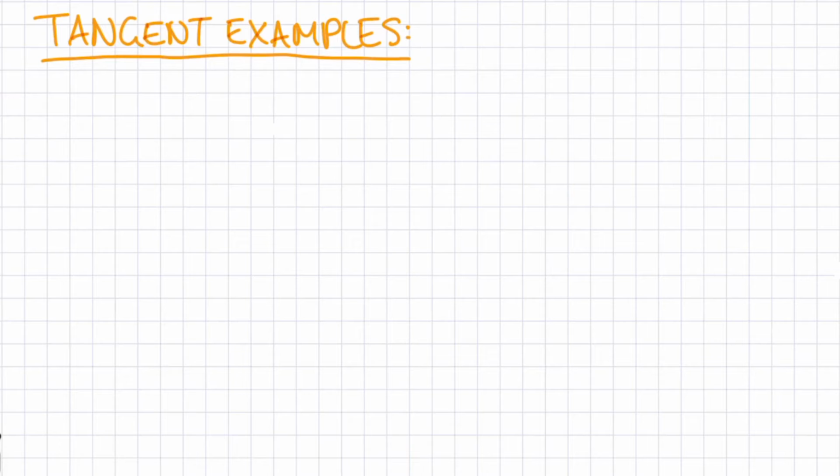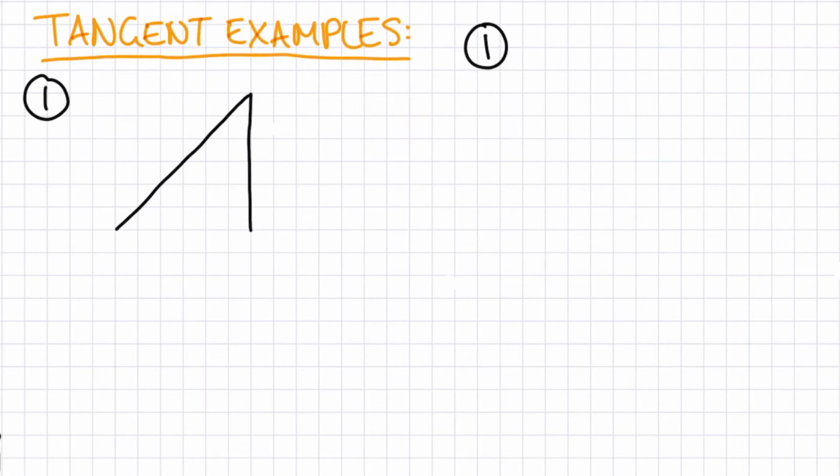Now, the last question we're going to do here, or the last couple of questions, is a tangent example, or tangent examples, okay? And this is using the tan function, okay? Now, let's have a look at this pretty standard triangle that we might have seen before. It's a 45-degree triangle, so right-angled triangle, okay?